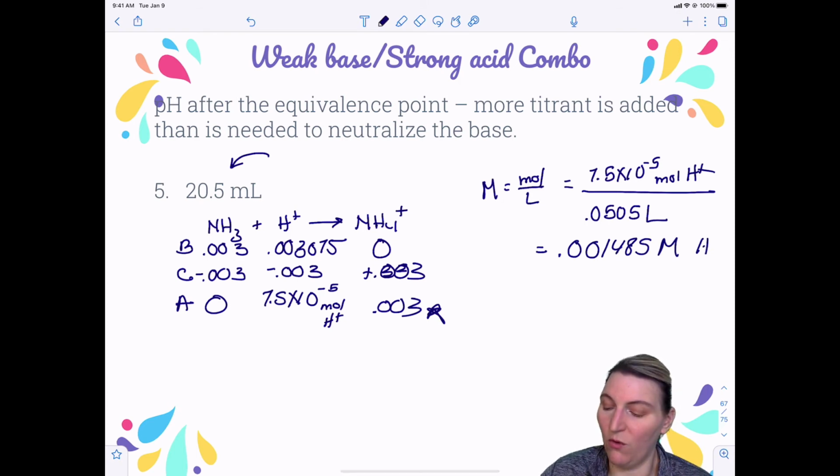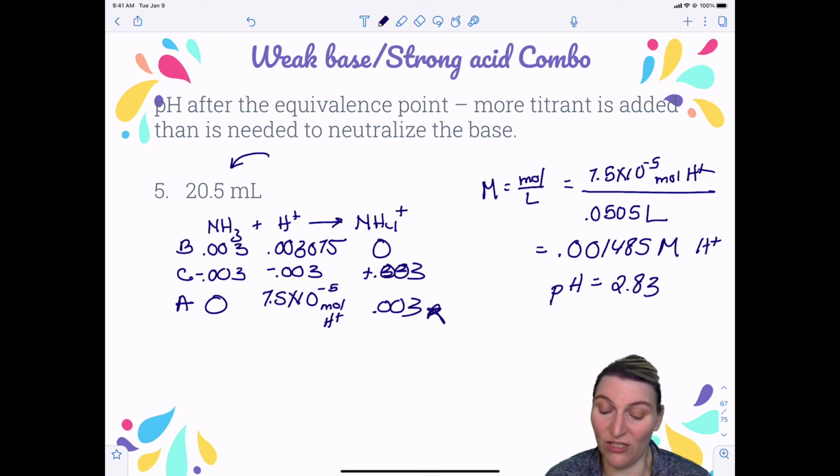And that is, of course, the molarity of the H plus. So all you need to do is take the negative log of that, and I get a pH of 2.83. And it's kind of crazy that just a half a milliliter more of that strong acid will cause the pH to go from 5 all the way down to 2. But that's what happens right around the equivalence point.